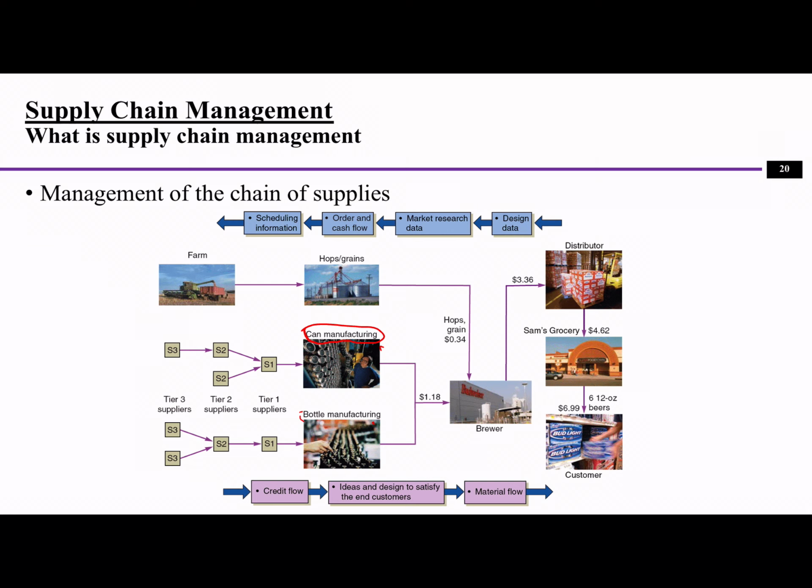Then the distributor will not have enough beers, right? And then the grocery store will be short of beers, and then you probably won't be able to buy beers, or the beer price will probably go up, right? So we can see how something that happened at one part of the supply chain is going to affect all the other parts.